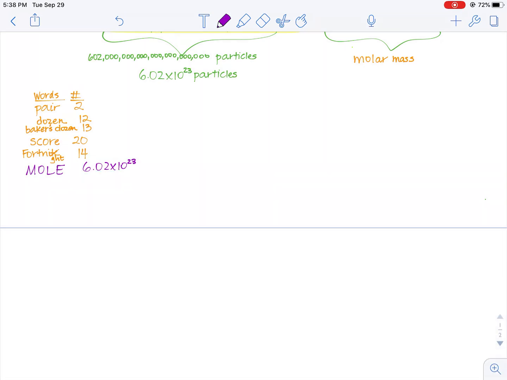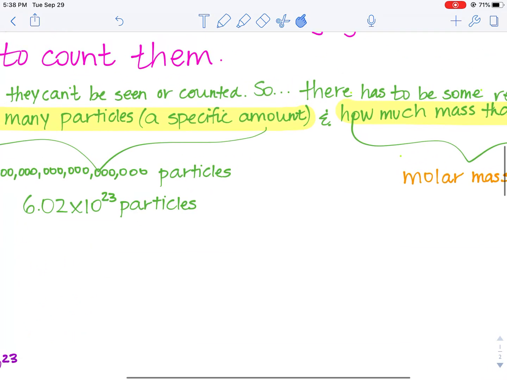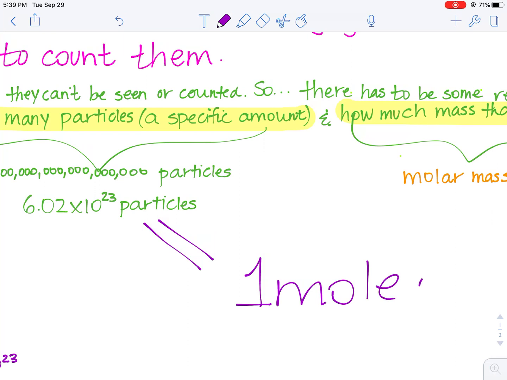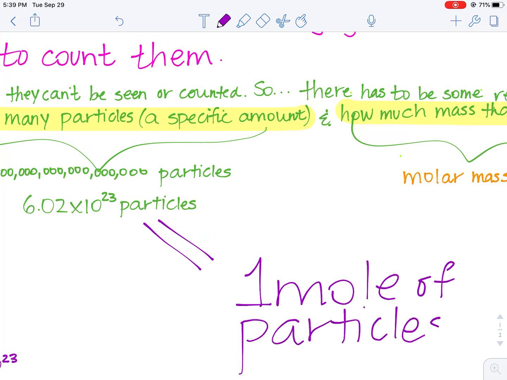So coming back up here, the 6.02 times 10 to the 23rd particles is equal to 1 mole of particles. And that's going to have a mass called the molar mass. And the 6.02 times 10 to the 23rd particles is how many individual particles will be in the molar mass.